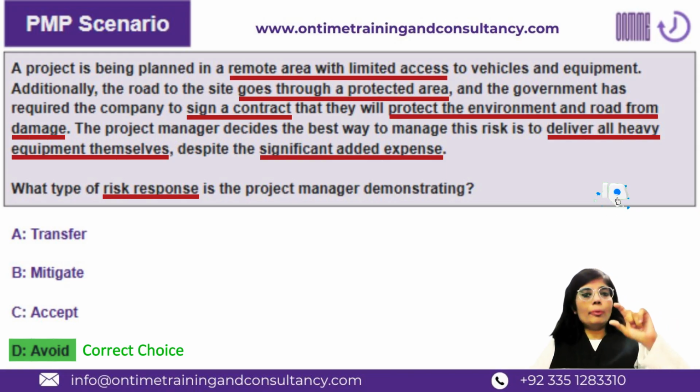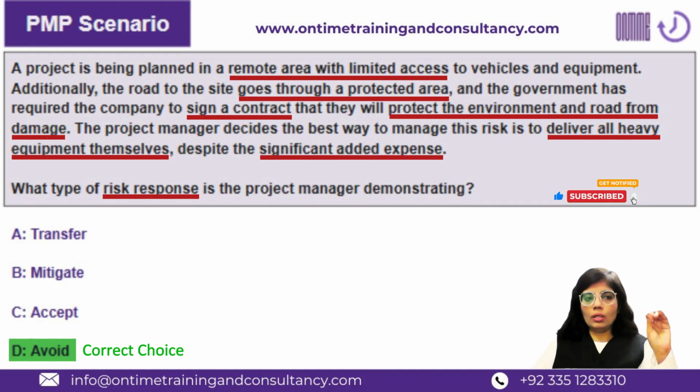See, a couple of constraints related to that project being planned in the remote area have been discussed in this scenario. Anybody can understand that when projects are planned and executed in a remote area, the constraints are very different with respect to resources, security, environmental hazard, and different types of situations, right?